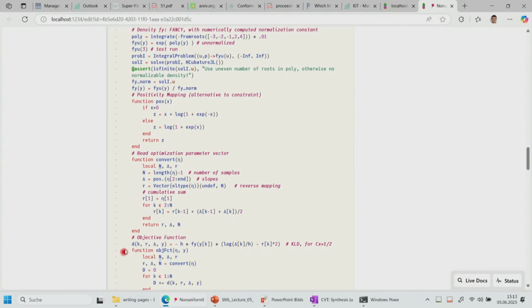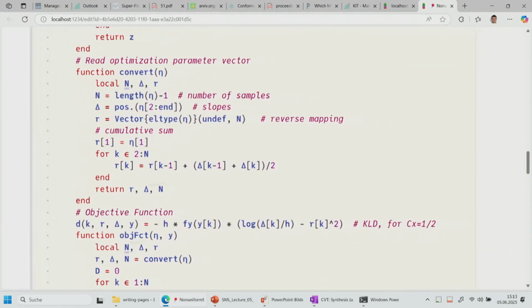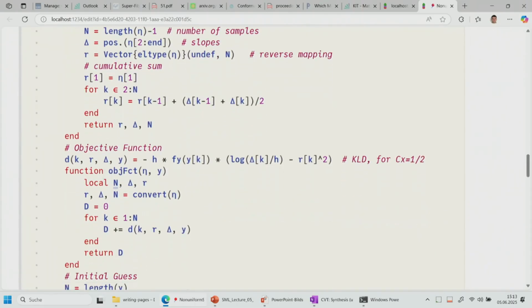Then we have the objective function for the KLD, that we wrote down. I hope I can zoom in. This is the KLD objective function, including the minus sign, so that we minimize instead of maximize.